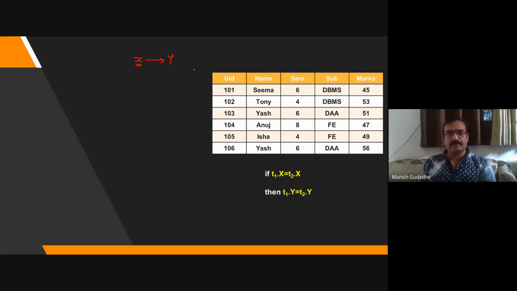Remember that. What are the FDs which are possible on this? We can say which attributes are dependent on which other attribute.